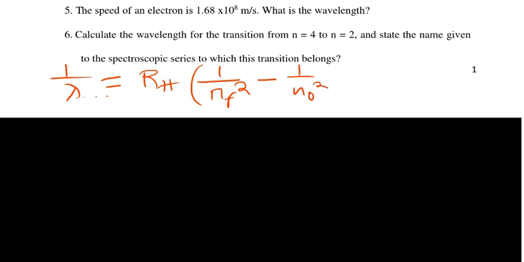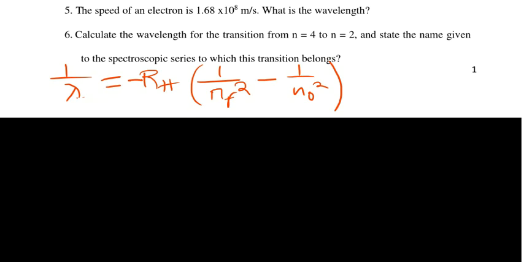So it doesn't matter what you start with, you don't have to worry about remembering that. What matters is your final answer should always be positive. That's why in certain textbooks you may see a negative in front of the Rydberg's constant. That is just to remove the negative that may come out from the inside there.